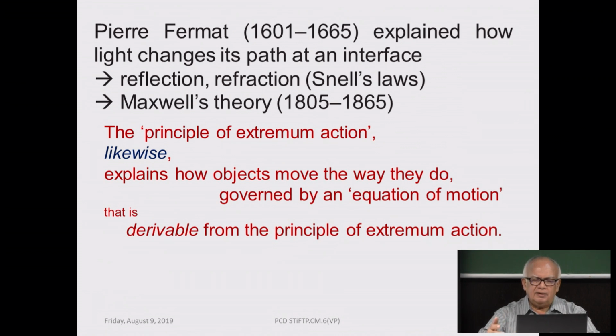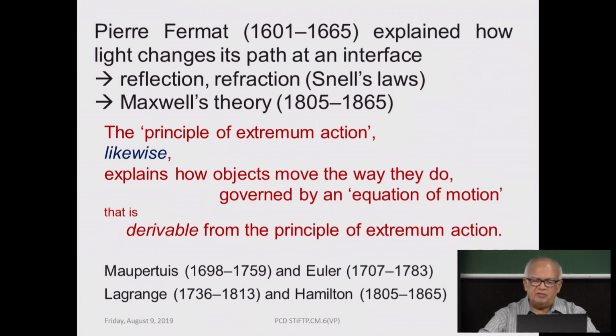So he formulated this principle that the time the path light would take is an extremum, and that accounts for the trajectories of light rays that we see in reflections and refractions. There were other contributors to the development of this field. Maupertuis and Euler made very significant contributions. I will mention the Euler-Lagrange equations a little bit later, and of course Hamilton as well.